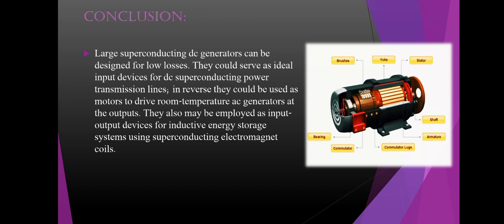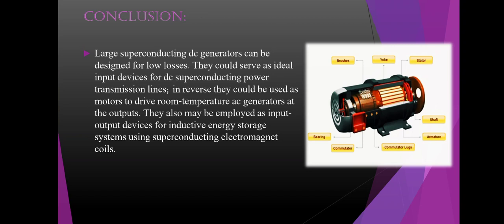Here we have a diagram. In this diagram we have a DC generator, which is a motor used for transfer of water from a low energy level to a high energy level, that is, from a low portion to a high portion.